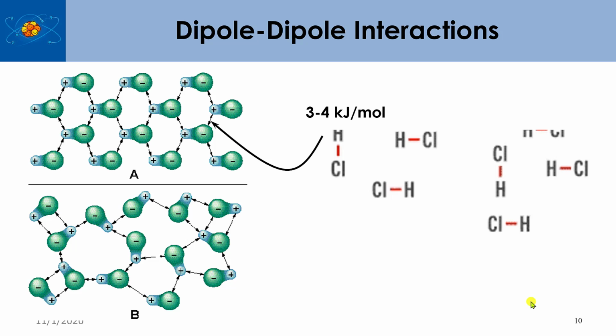So really, for dipole-dipole, we look for bond polarity, and that's doing electronegativity difference, and symmetry. And by symmetry, we look at the molecular geometry, the shape.